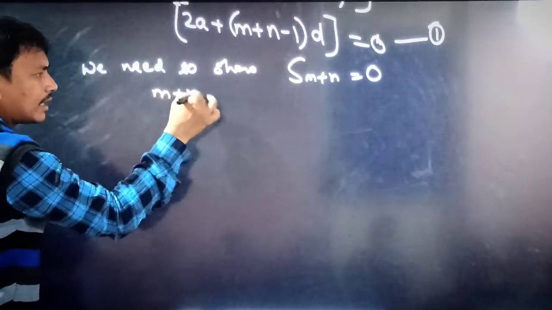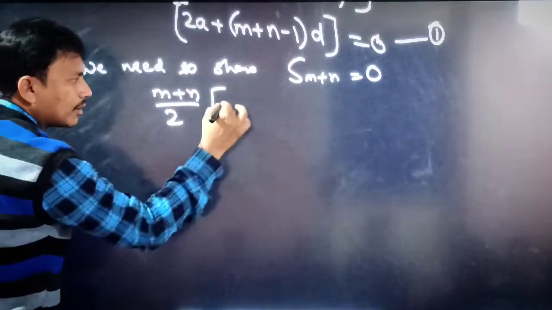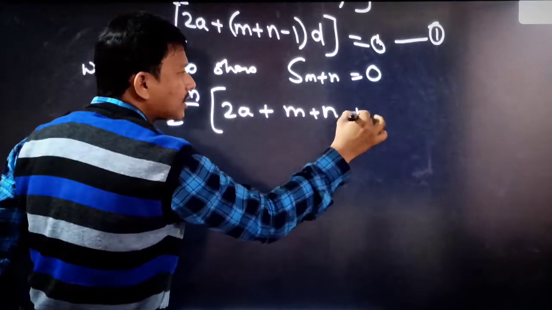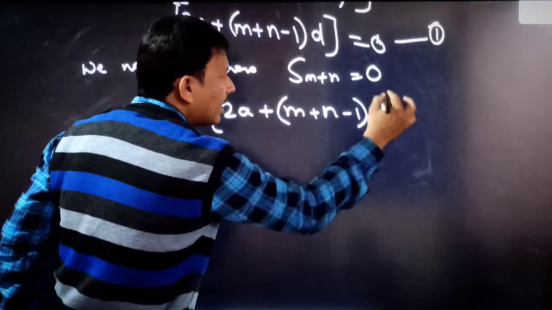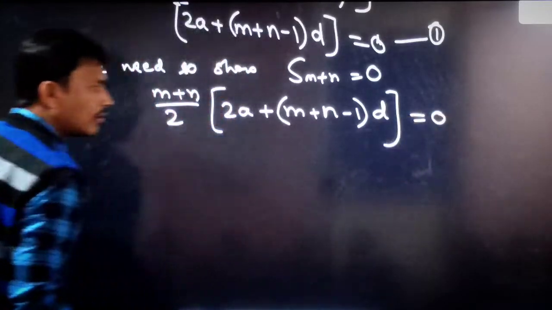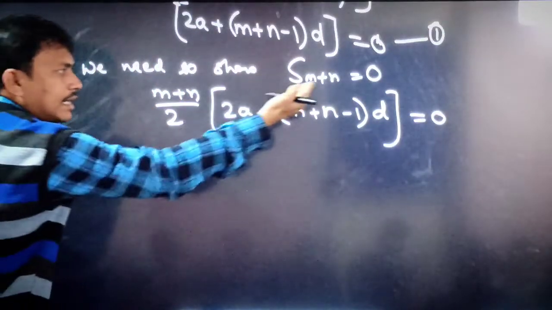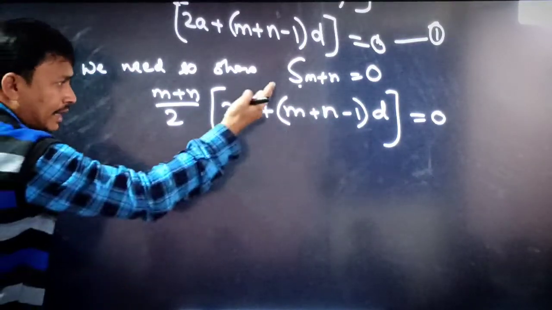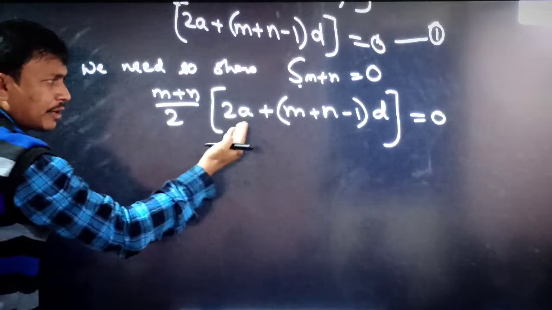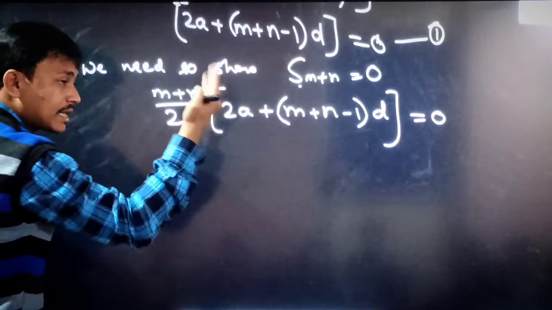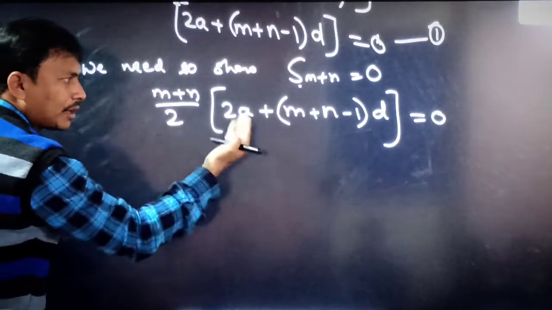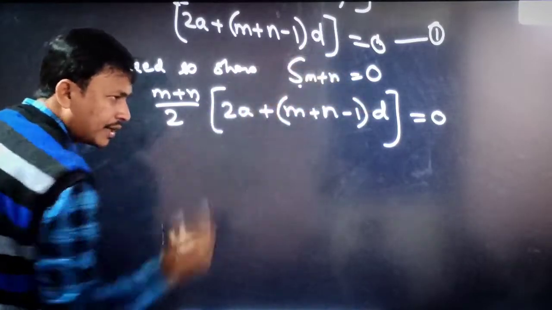m plus n divided by 2 in bracket 2a plus m plus n minus 1 into d is equal to 0. If it were S n, what would come? n by 2 in bracket 2a plus n minus 1 d. If it were S m, m by 2 in bracket 2a plus m minus 1 d. If S m plus n, then m plus n divided by 2 in bracket 2a plus m plus n minus 1 into d.